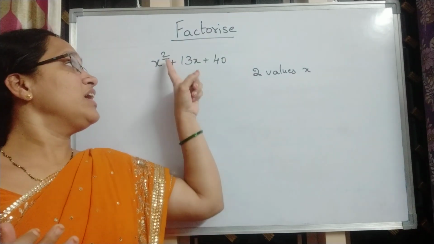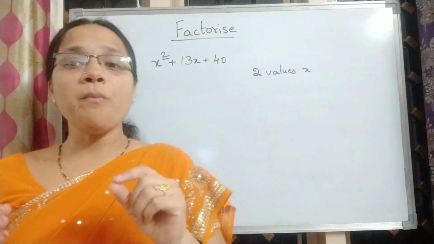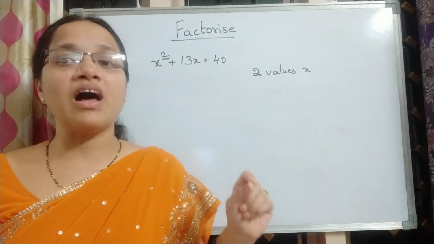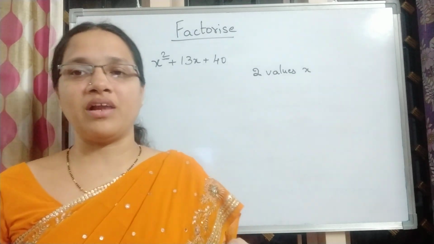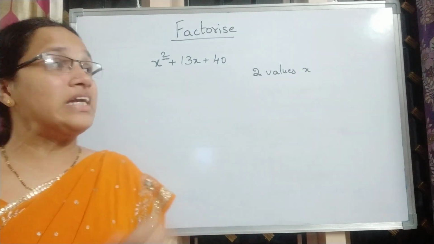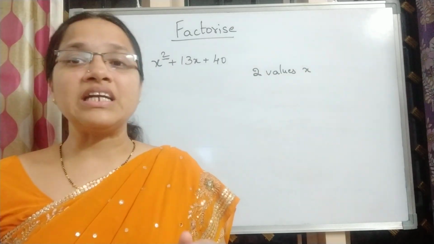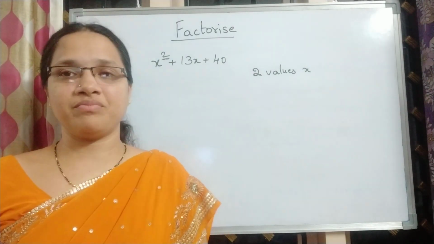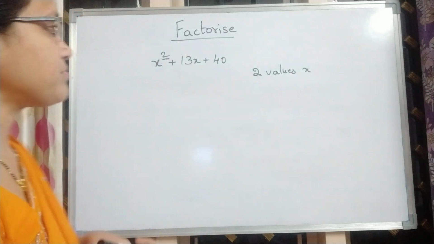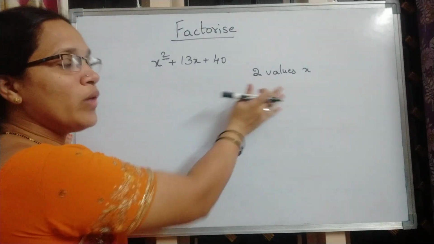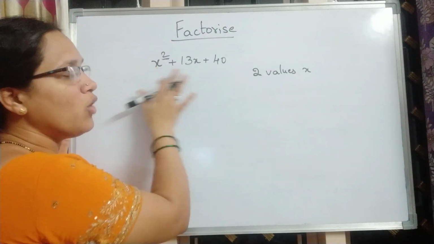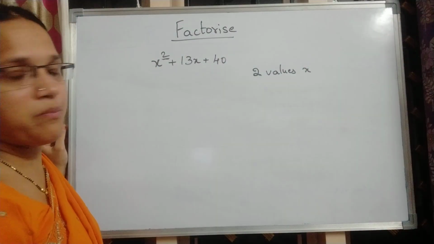So the degree tells you how many values of that variable are related in that polynomial. Is that clear, children? Now we are confirmed that there are 2 values for x. Now how to do this factorization of the quadratic polynomial?